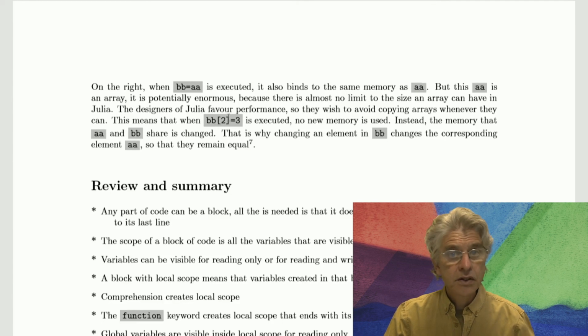And so then you don't want to have to copy out the whole array just because one element has changed. So the actual physical memory is changed, but the actual name that is bound to that memory is not changed. So that means when you run a function, the same thing happens. The binding of BB to the memory is not changed, but the content of the memory itself is changed.